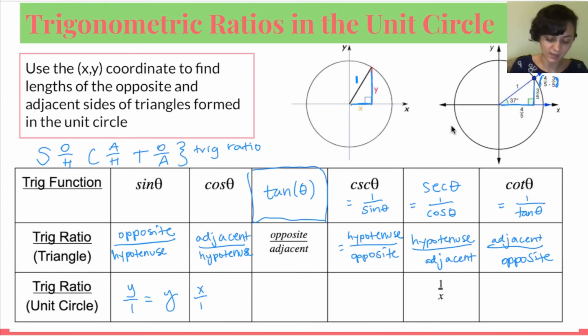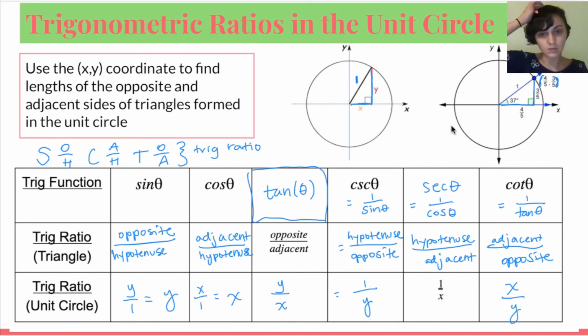The adjacent side is just x, whatever your x coordinate is in the unit circle. Okay? Then tangent is y over x, opposite over adjacent. Cosecant is the reciprocal, so the hypotenuse over opposite. The opposite side is always y, so cosecant is 1 over y. I have 1 over x for secant. And then cotangent will be x over y. And so these are the ratios that I am going to use.